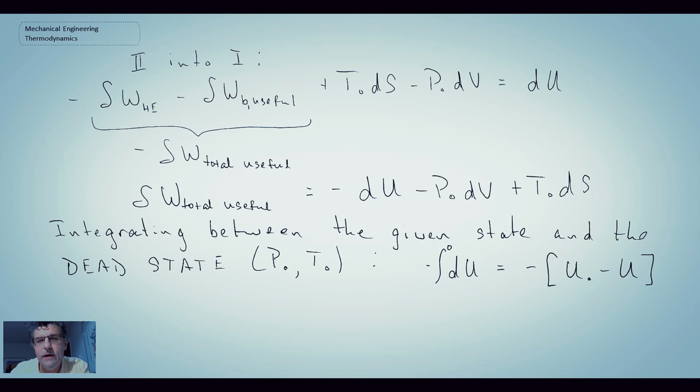So we're integrating from some arbitrary temperature T to the dead state, which is 0, or T naught, and we'll use the subscript 0 to denote the dead state.